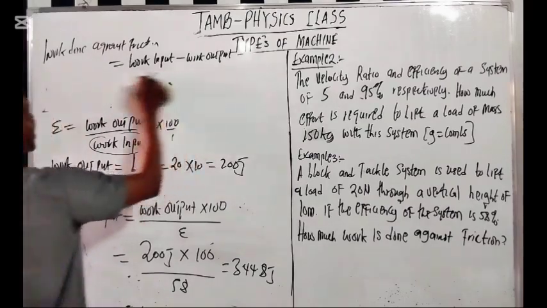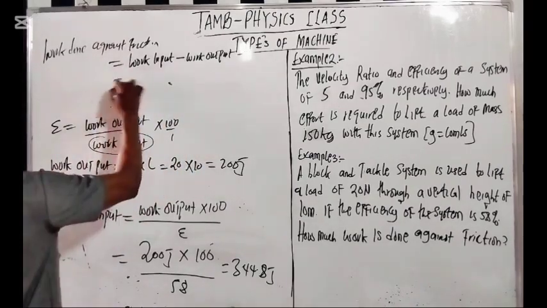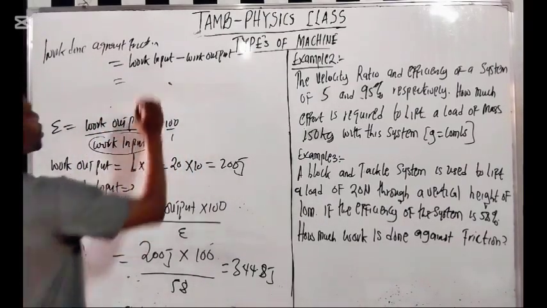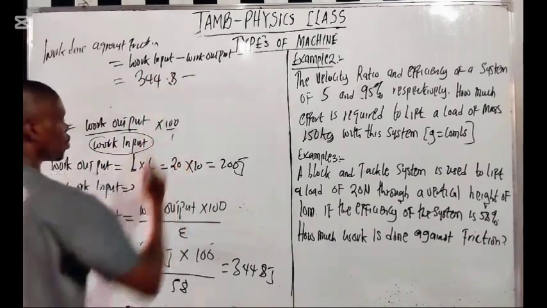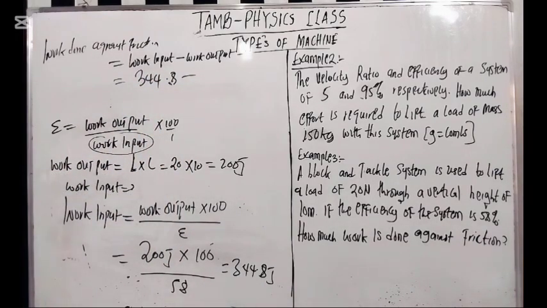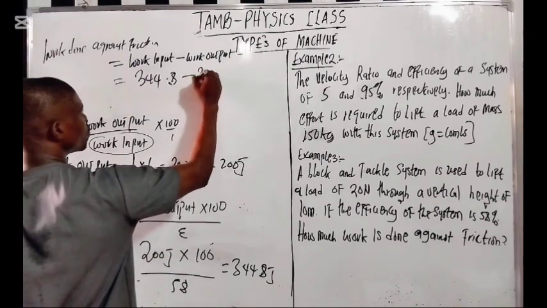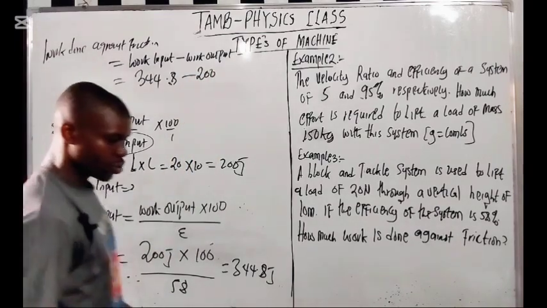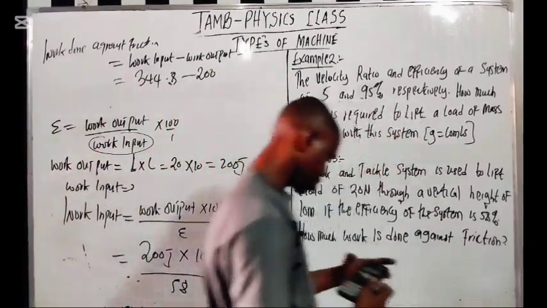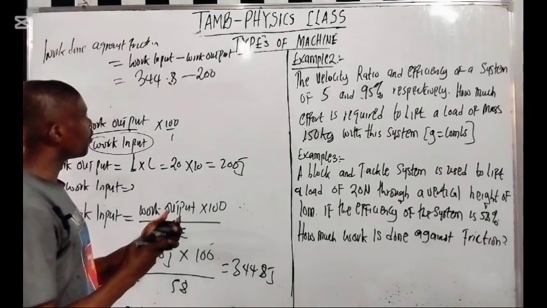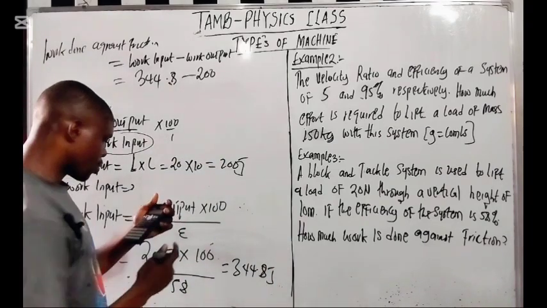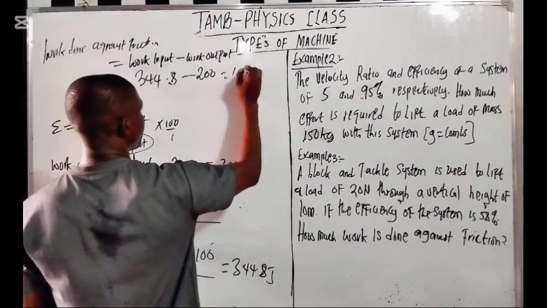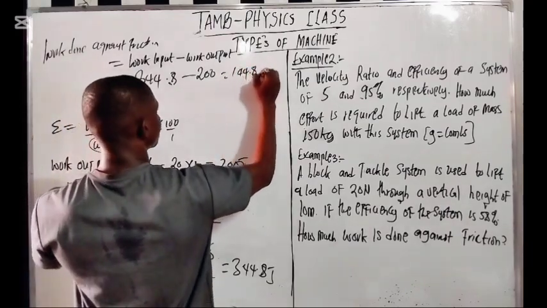So the work done against friction is going to be equal to my work input, 344.8, minus work output, which is 200. 344.8 minus 200 gives 144.8 joules.